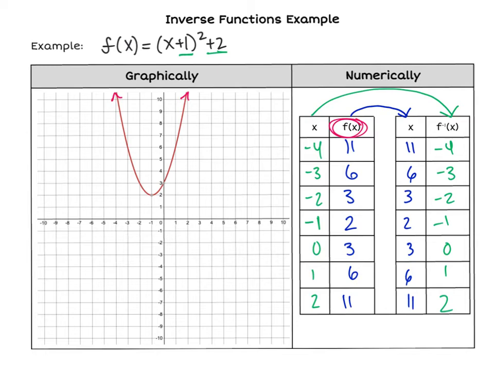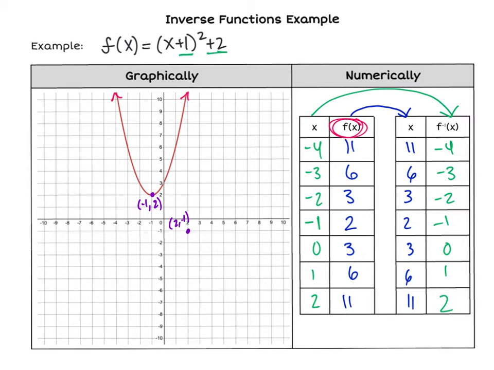Now, what if I didn't have this table? I could easily just look at these points and I would find these coordinates. So this coordinate is -1, 2, and I would just reverse that to 2, -1. And here's my first point.